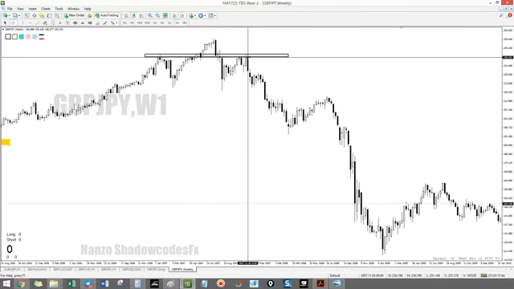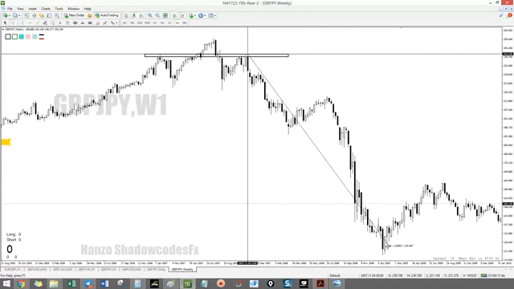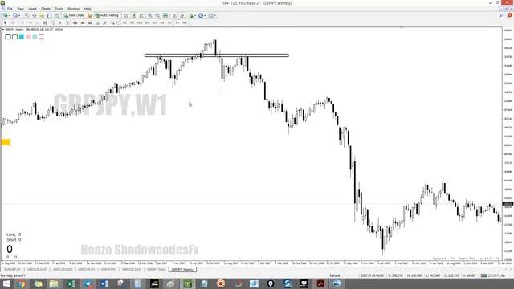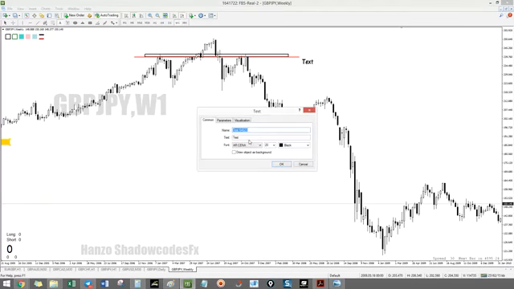Over here you lost about 5 pips, and then you gain back about 10,000 pips. Over here, ST1 low, lost 5 pips.